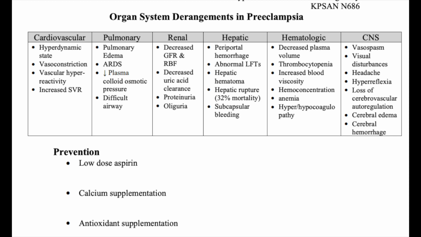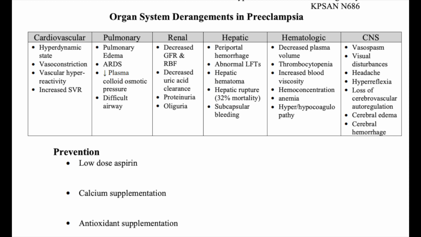These patients often present with a decreased plasma volume, and it's not uncommon for them to have thrombocytopenia, which we'll talk more about later. This can lead to increased blood viscosity, and this severe hypovolemia results in hemoconcentration, which can sometimes mask underlying anemia. The preeclamptic patient is prone to vasospasm, which can cause visual disturbances, headaches, hyperreflexia, as I said before, and potential complications include cerebral edema and cerebral hemorrhage.